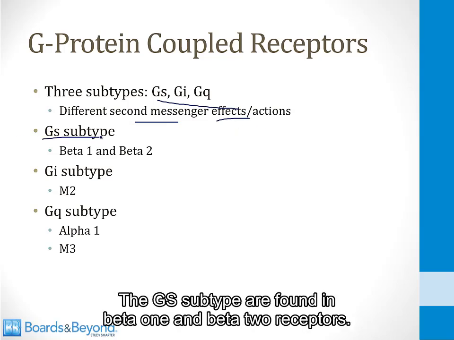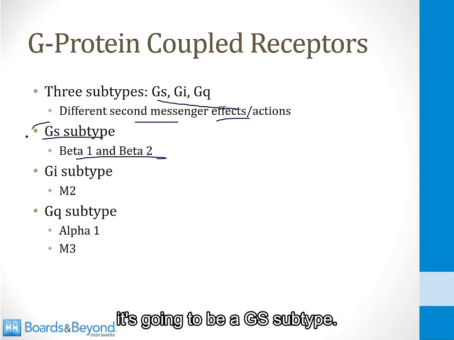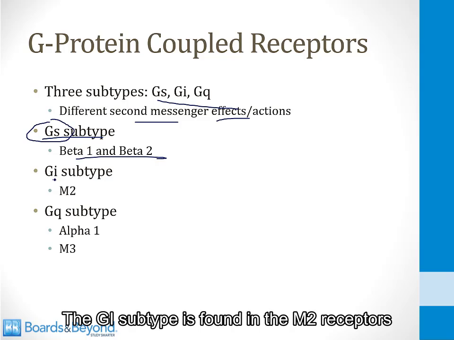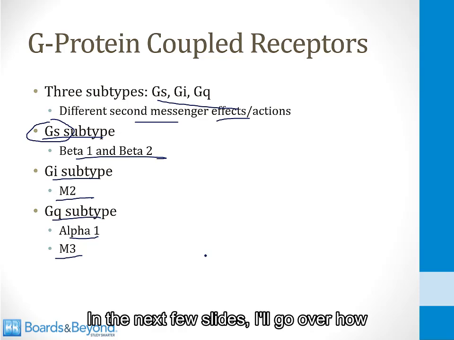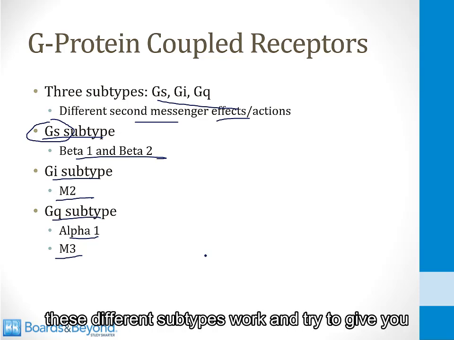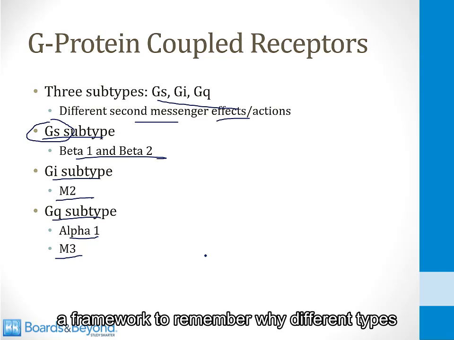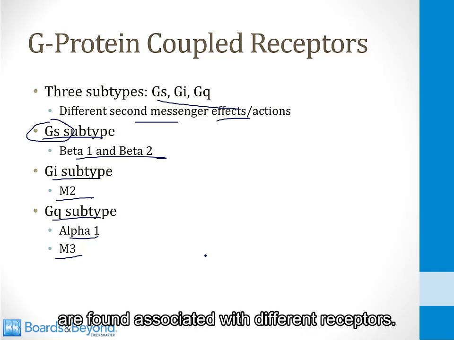The GS subtype is found in beta-1 and beta-2 receptors. Anytime you hear of a beta receptor, it's going to be a GS subtype. The GI subtype is found in the M2 receptors, and the GQ subtype is found in alpha-1 and M3 receptors. In the next few slides, I'll go over how these different subtypes work and try to give you a framework to remember why different types are found associated with different receptors.